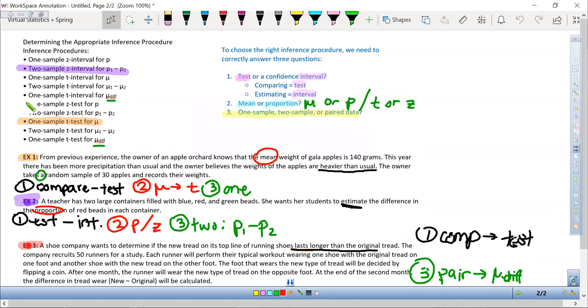That means that since we have a 1 sample t-test for the mean difference, that means that in this problem, even though it's not explicitly stated, we're going to be looking at a mean.